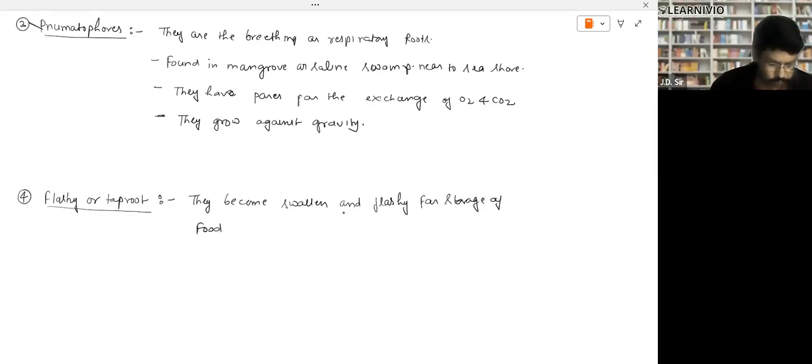Storage of food. Secondary roots become very thin. Secondary roots become very thin, right?